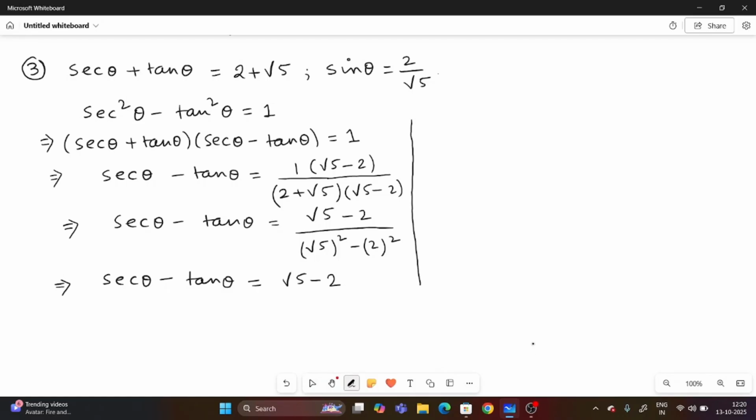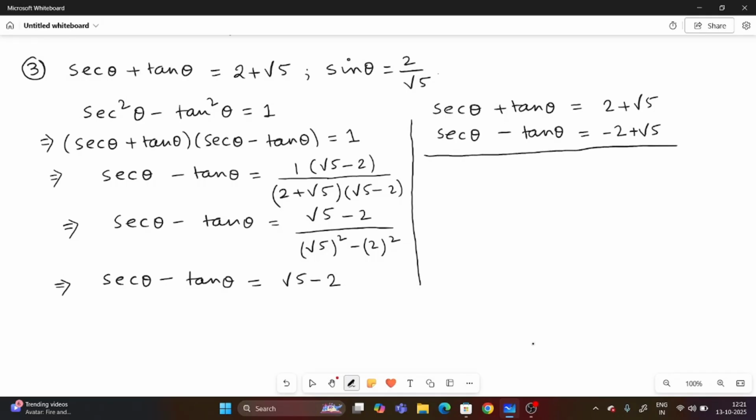So our given equation was sec theta plus tan theta equals 2 plus root 5, and our obtained value is sec theta minus tan theta is root 5 minus 2. Now solve these equations by the method of elimination.